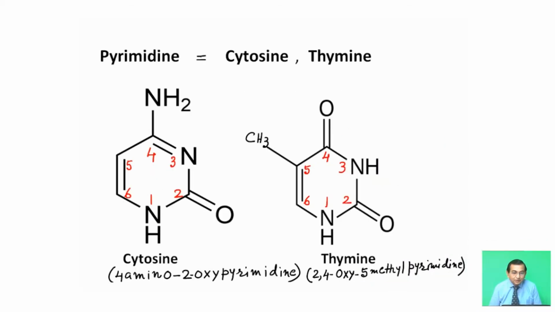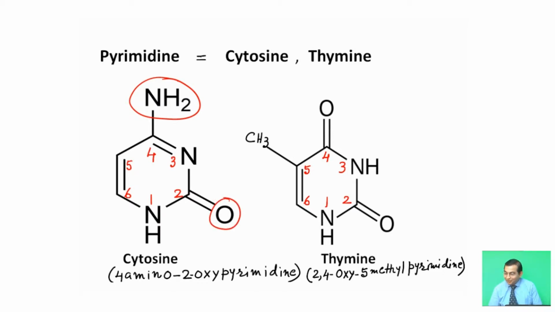Now pyrimidine consists of cytosine and thymine. Pyrimidine is a single ring structure, that is the pyrimidine ring. In case of cytosine, it is a 4-amino 2-oxypyrimidine, that is in the 4 position one amino group is present, and in the 2 position one keto group is present.